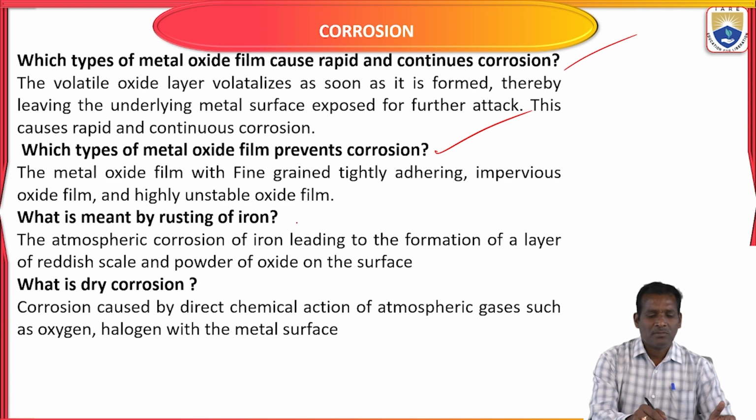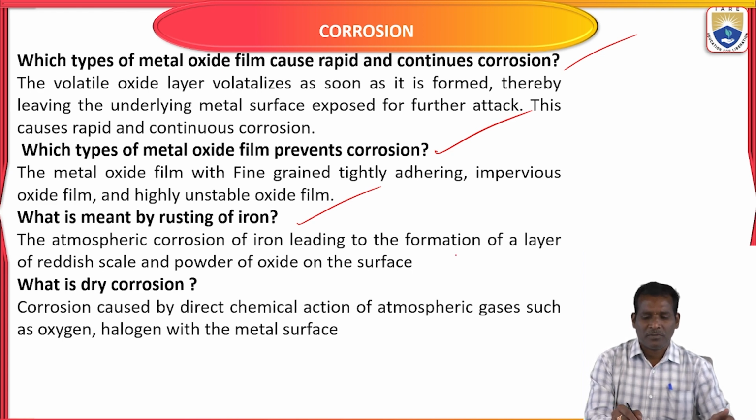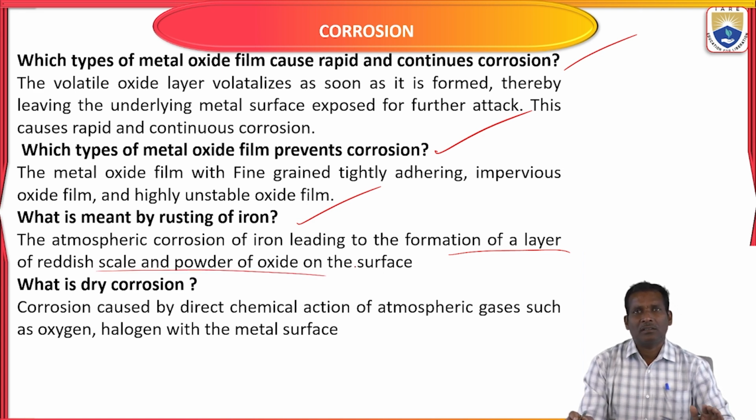Next one is, what is meant by rusting of iron? What is this rusting and what is the corrosion? The atmospheric corrosion of iron leading to the formation of a layer of reddish scale and a powder of oxide on the surface. Whenever a layer with reddish scale forms on a metal surface, that is known as rusting.